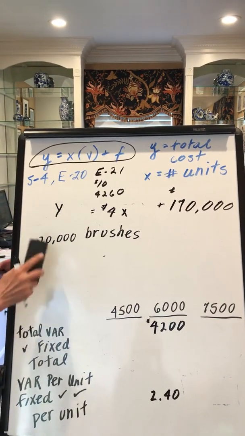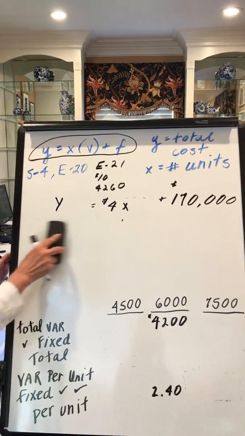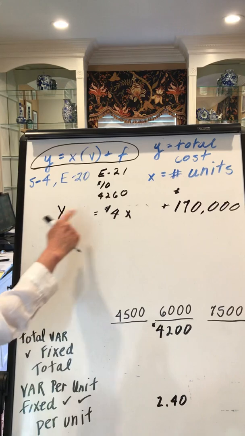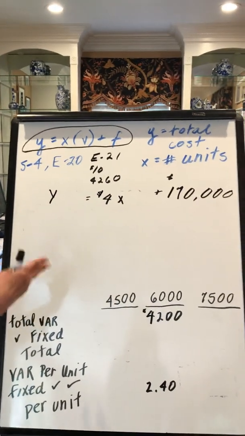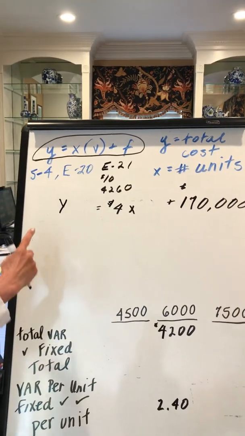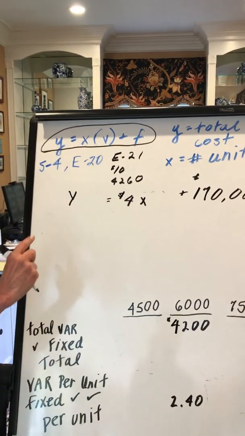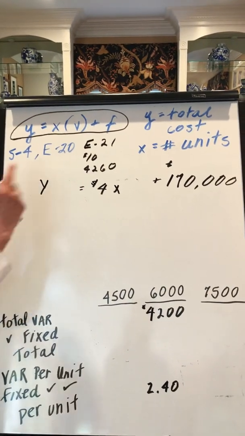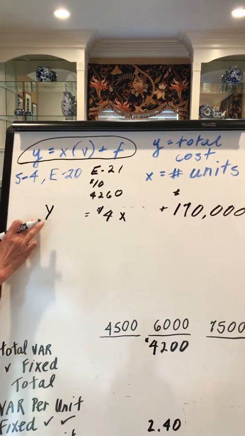Now we have the brush problem converted into an equation. Why is that important? Because now we can figure out what this company's total cost will be if they make 25,000 brushes. So we're solving now for y.